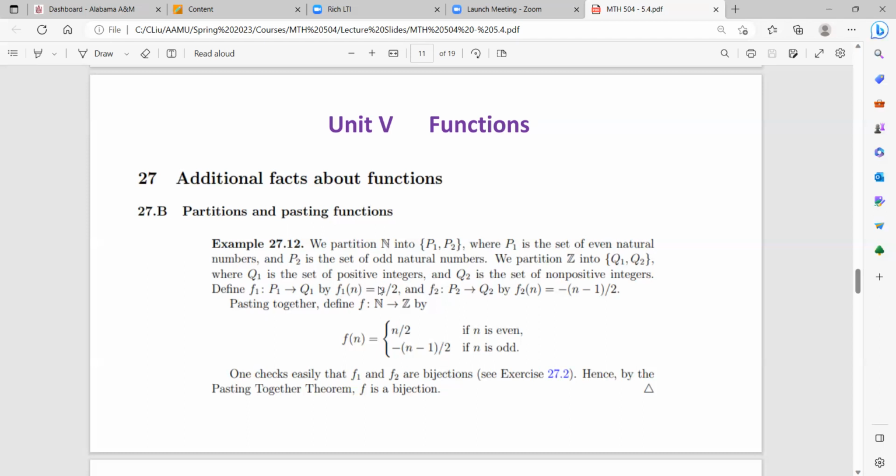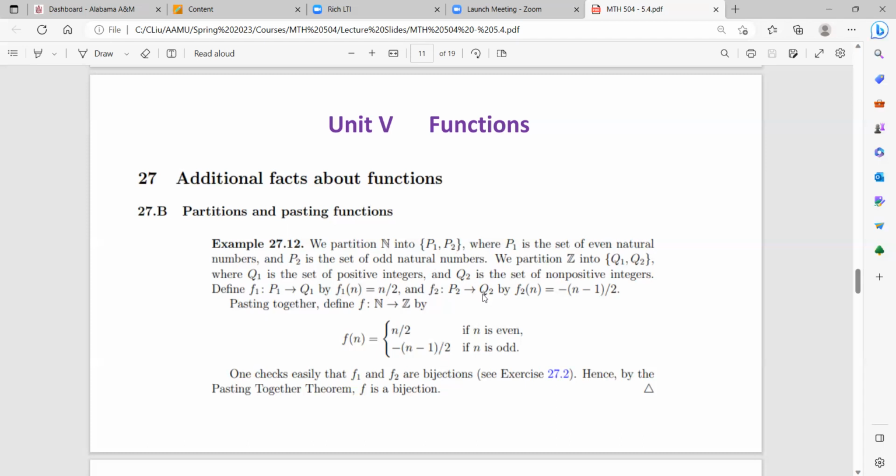So if you divide by 2, you get another natural number, right? So that makes sense. Or an integer, I mean, positive integer actually. Okay. And f2 is from P2 to Q2. So that's from the odd natural numbers to non-positive integers.